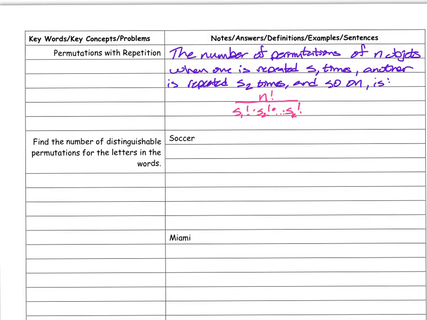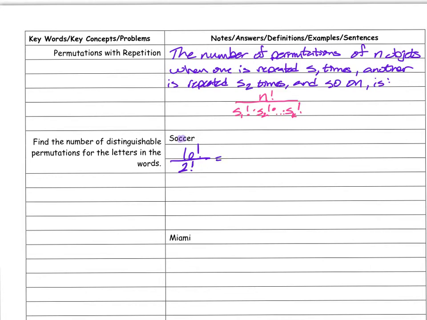Well, there's 6, so I have 6 factorial divided by how many of those letters are repeated. In the word soccer, only the letter C is repeated, twice, so that would be 2 factorial. So I'm just going to do 6 factorial over 2 factorial.